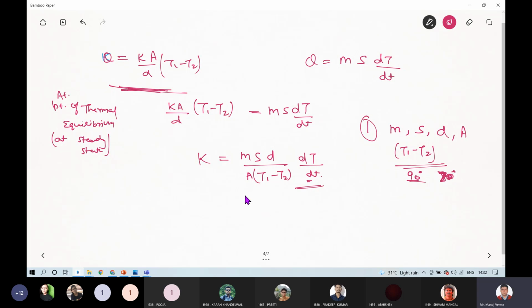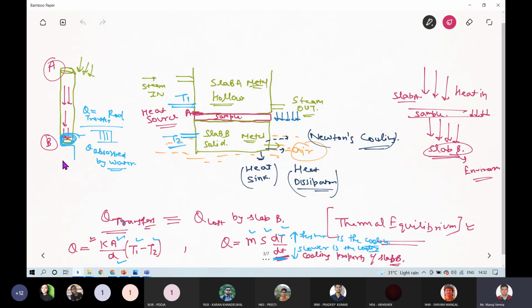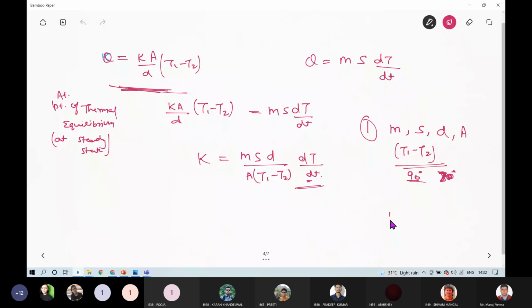So actually, as we have seen in the previous slide, at the point of thermal equilibrium, the amount of heat energy transferred was equal to the amount of heat energy lost by this slab B. So the heat energy lost by this slab B at the point of thermal equilibrium will be given by ms dθ by dt, where dθ by dt is taken at thermal equilibrium, where θ is equal to T2.